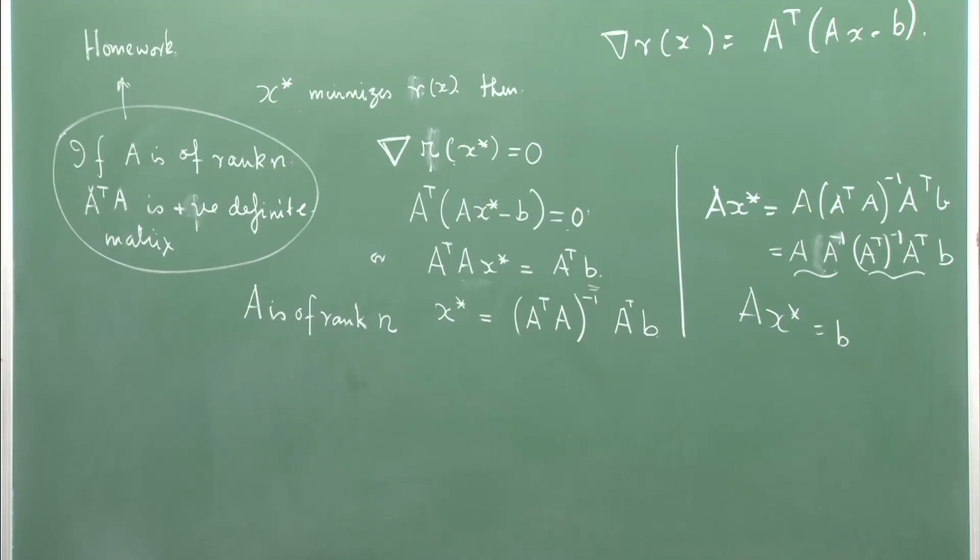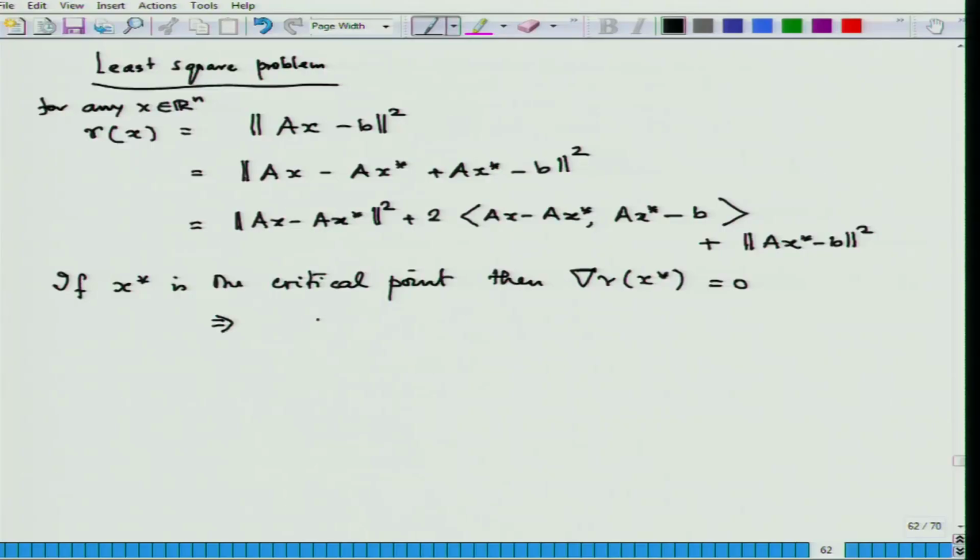This implies A transpose Ax star minus B is equal to 0.